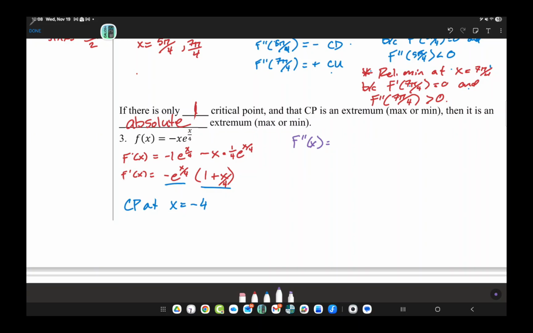So what it is: negative 1/4 e to the x over 4 minus 1/4 e to the x over 4 plus 1/16 x e to the x over 4.